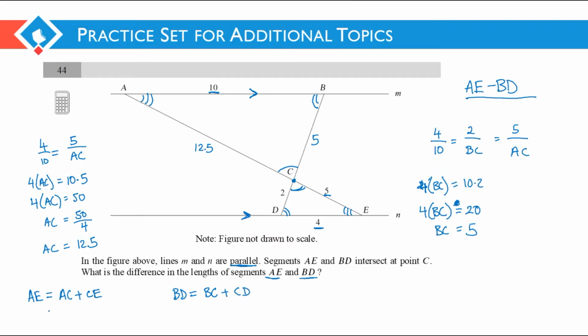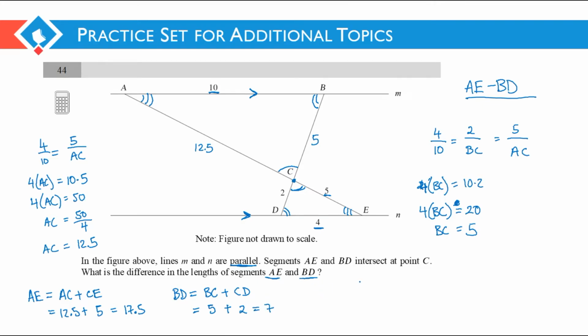Like that, so let's go ahead and put that in. AE is going to be equal to 12.5 plus CE, which is 5. And BD is going to be equal to BC, which is 5, plus CD, which is 2. And that's going to be equal to, 12.5 plus 5 is 17.5. And 5 plus 2 is equal to 7.